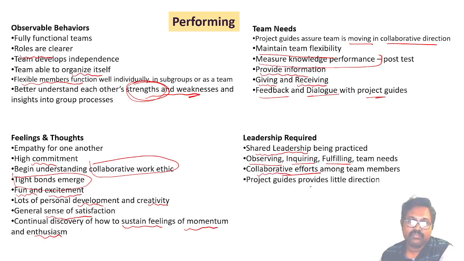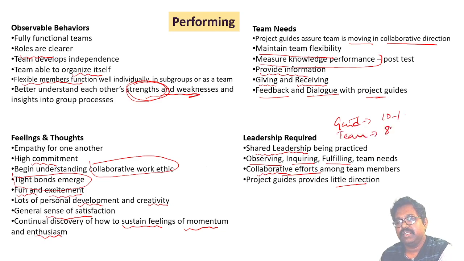So project guides will provide a little direction. As you know, the guide will provide 10% of the contribution, but the rest of the contribution, 80 to 90%, will be from the team.